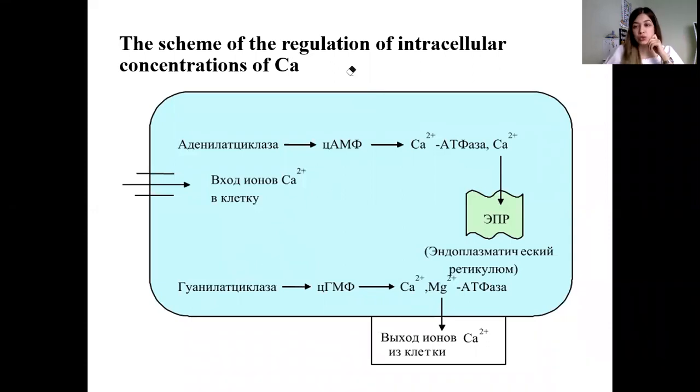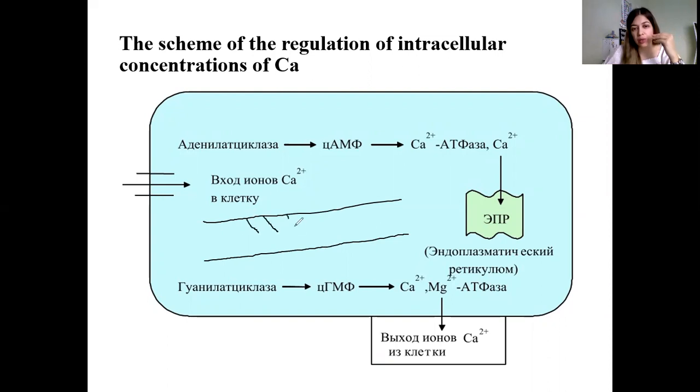Why is it so important to have less calcium in the cell, guys? Because when we have a high level of calcium inside the cell, it can cause contraction of the smooth muscles. Why? We have actin and myosin proteins, which can move according to the activation of the cell.